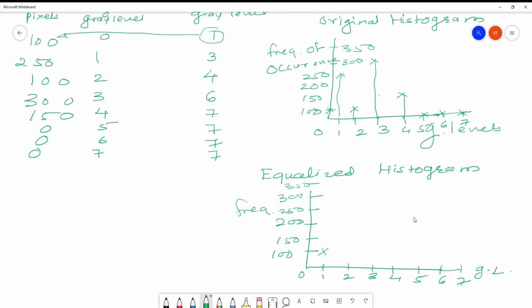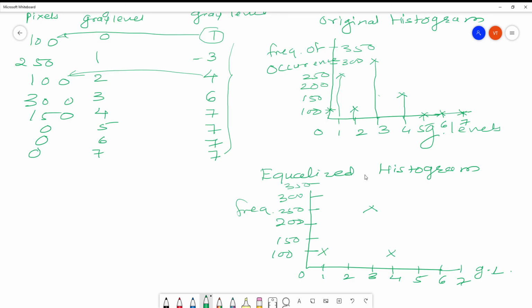Then for 2, again you can check, 2 is not present here, so the gray level value 2 is not there. Then for 3, it is 250, right? So you will plot here 250 for 3. Then for 4, 100. Then 5 is absent. Then for 6 it is 300.